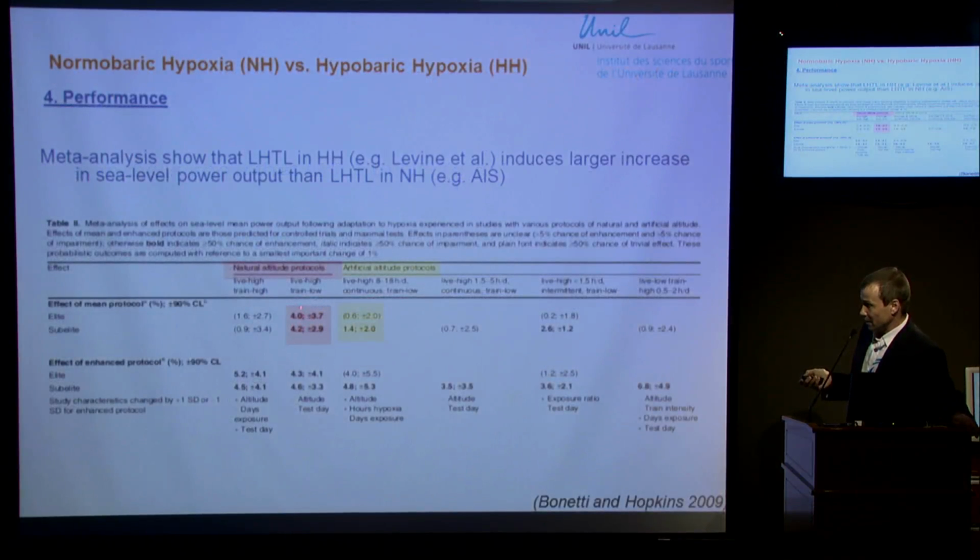And look at the data. In elite athletes, there is a 4% improvement in mean power output, so it means performance, instead of a non-significant change in normobaric hypoxia. Same difference in non-elite.